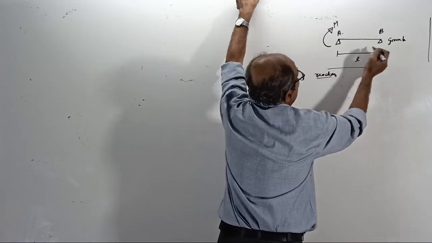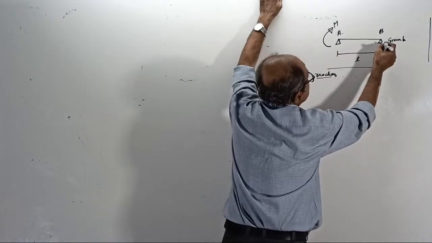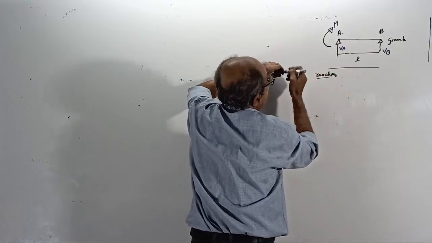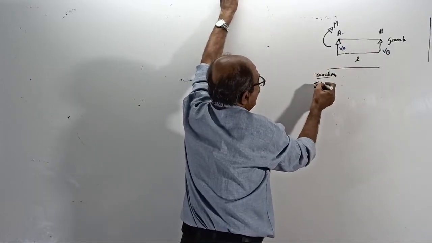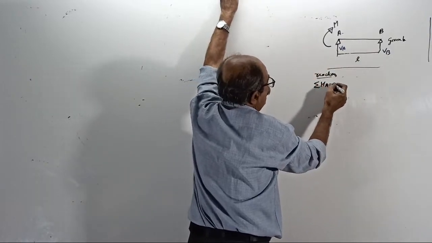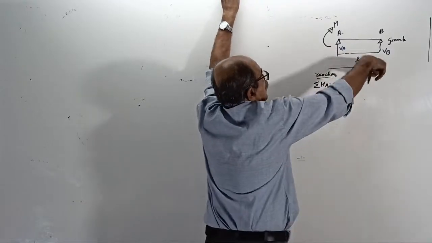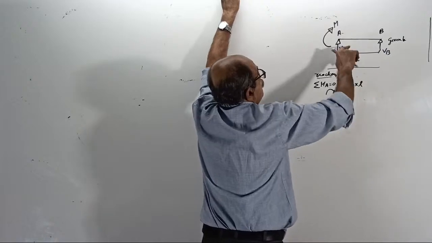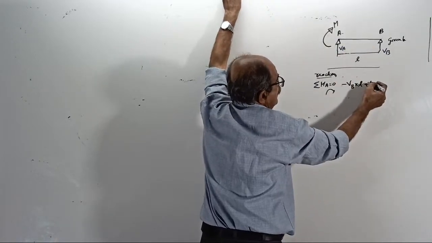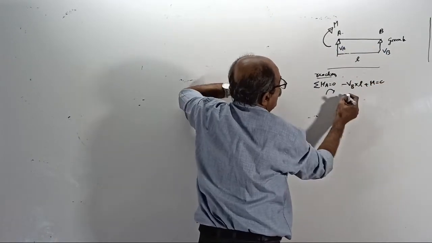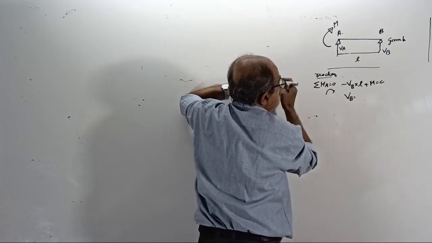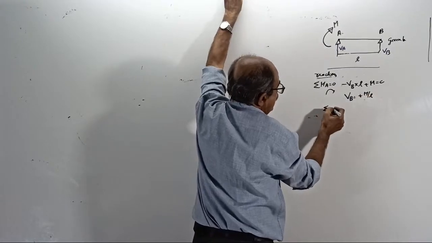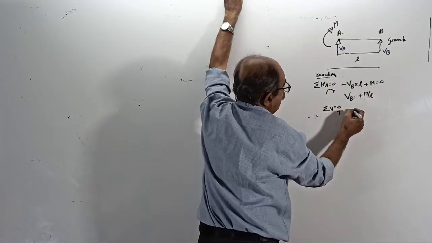Reaction, see, I will do one thing. This reaction, I will take VB. This reaction, I will take VA. Take moment. Sigma M about A equal to 0, take clockwise positive. Minus VB into L plus M equal to 0. So your VB equal to plus M by L. Sigma V equal to 0, take upward positive.